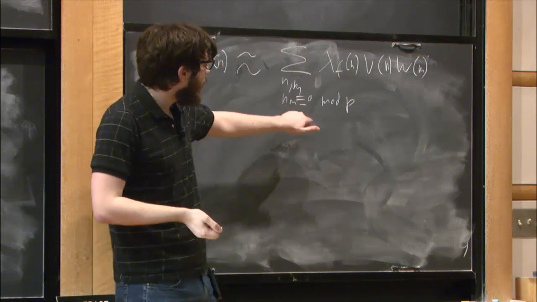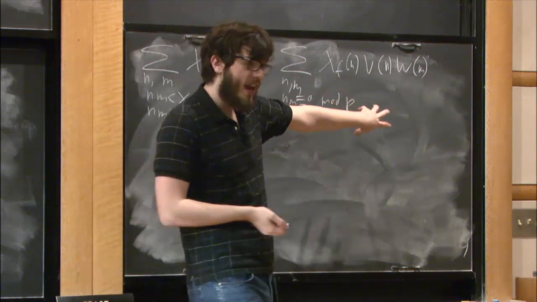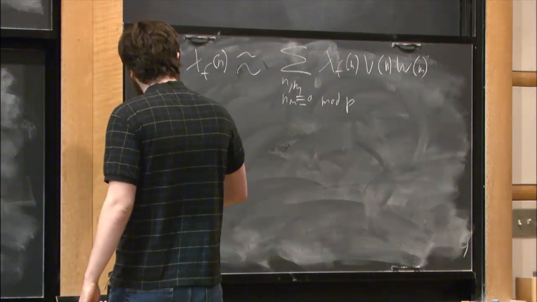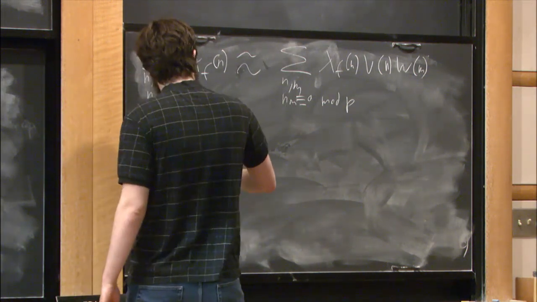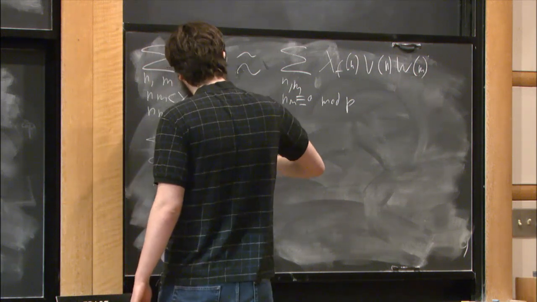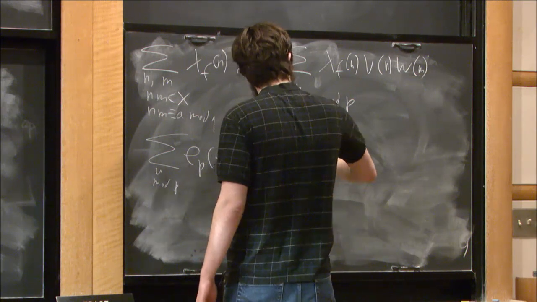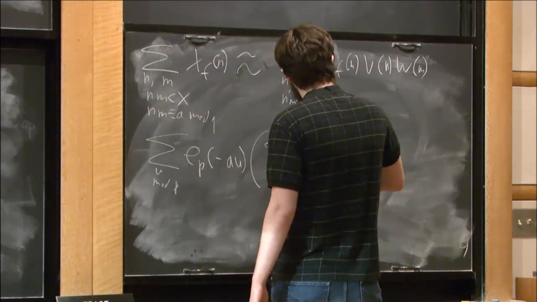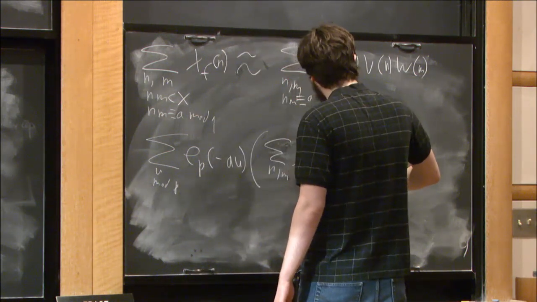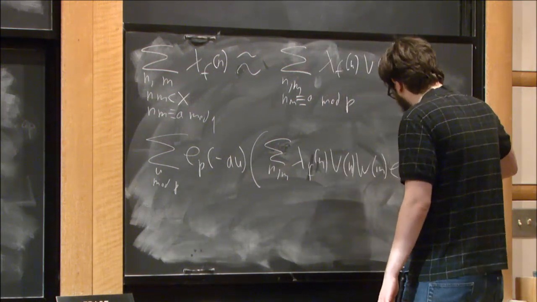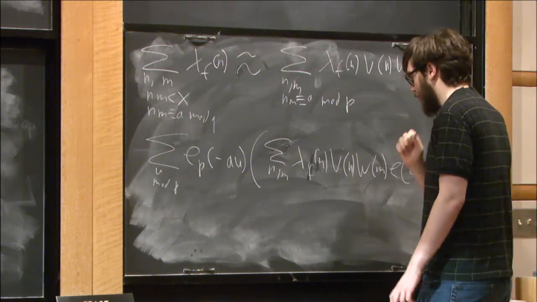And so we're going to replace this congruence condition with an average over additive characters. So we're going to sum over u mod p of e_p of minus a times u of the sum over n and m, lambda f of n, v of n, w of m, e of u n m over p.